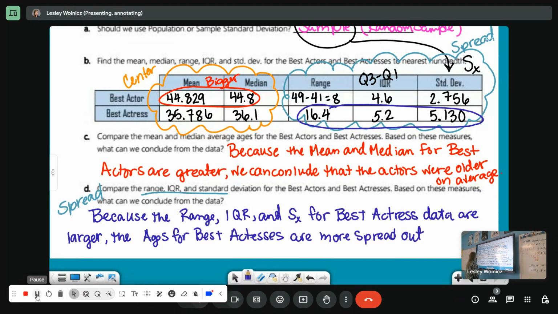We could also say more variable. They vary more widely.